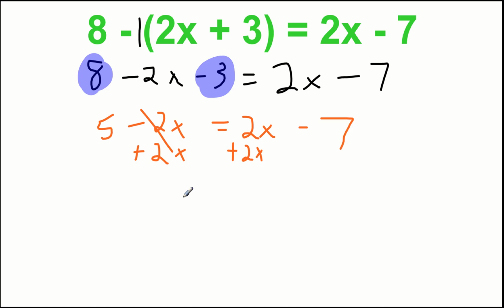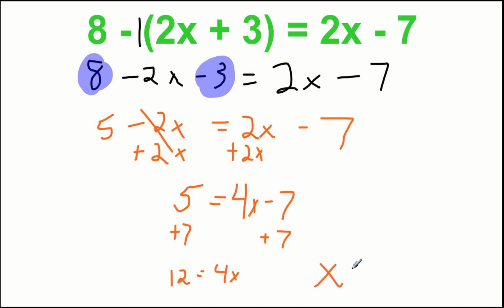Those cancel. It gives us 4x minus 7 equals 5. Then I add 7 to each side, so I got 12 equals 4x. We divide by 4. 12 divided by 4 gives us 3.